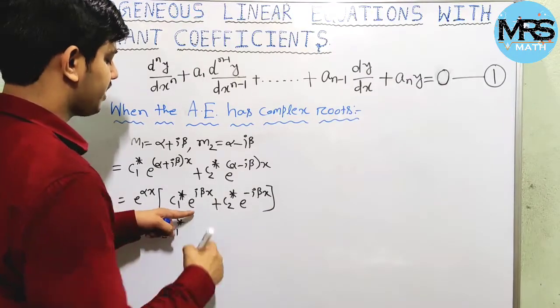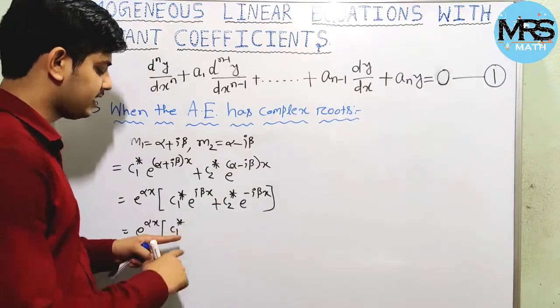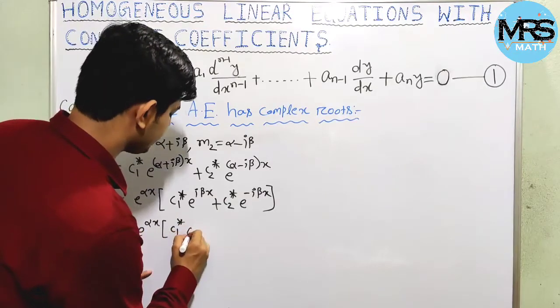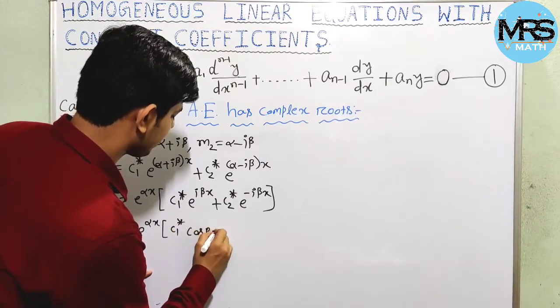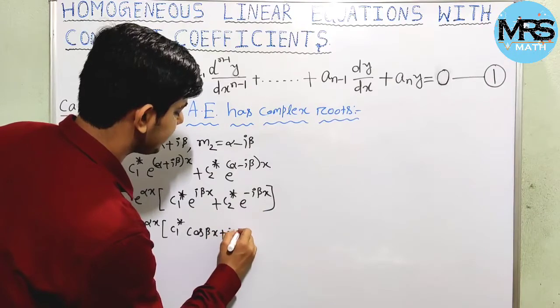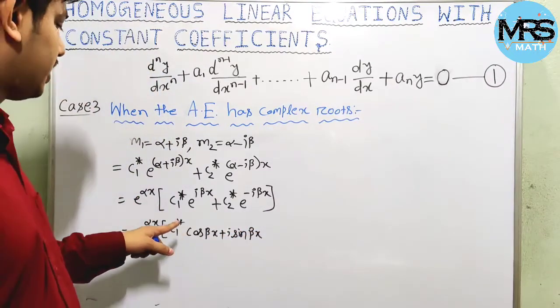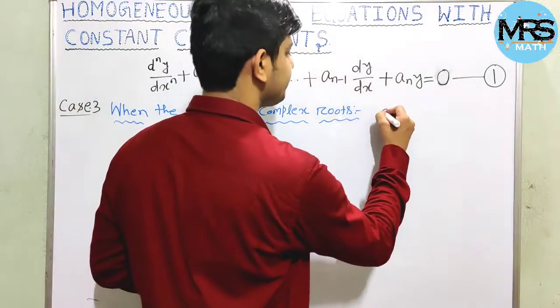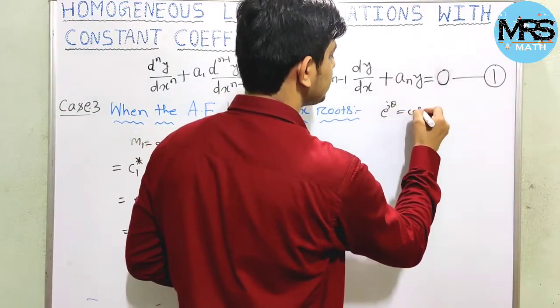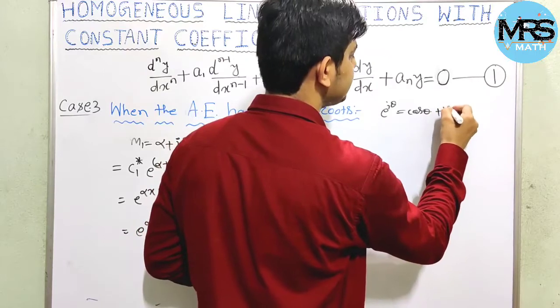So this e to the power i beta x, what can we write? That is cos beta x plus i sin beta x. From Euler's theorem we know that e to the power i theta is cos theta plus i sin theta.